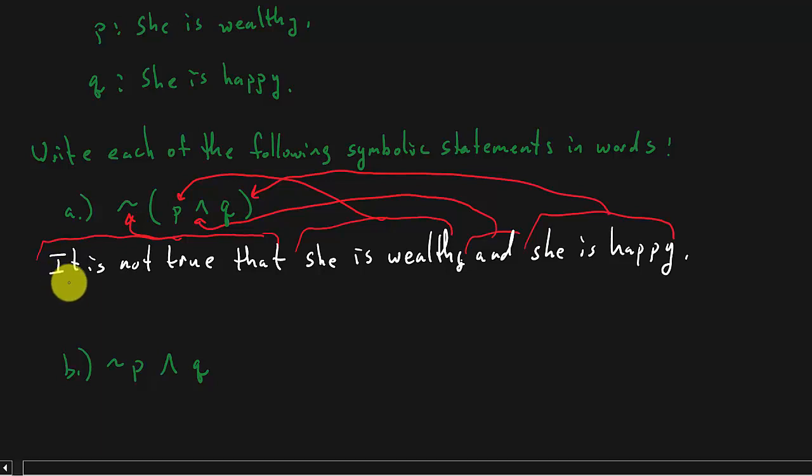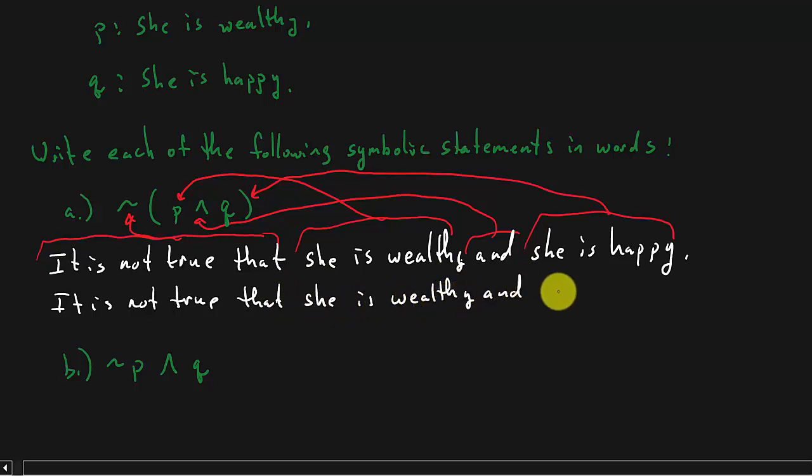We probably wouldn't say it is not true that she is wealthy and she is happy. We could write, it is not true that she is wealthy and happy.